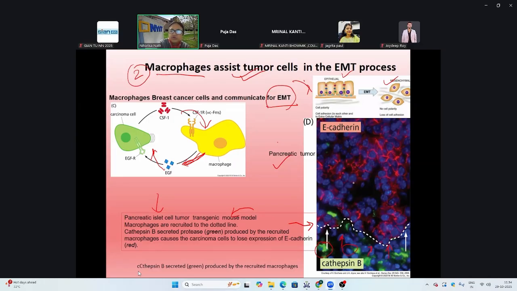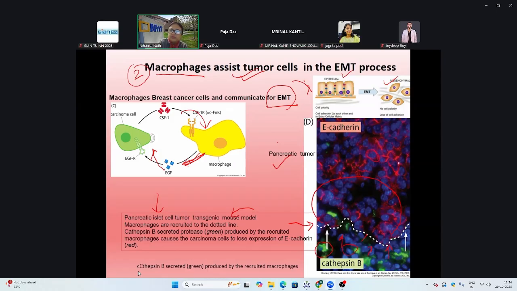So these are your tumor cells. Look at these tumor cells. Where they're close to the macrophages, on this bottom location here, you see that there is none of the E-cadherin. E-cadherin is in red. What is E-cadherin?